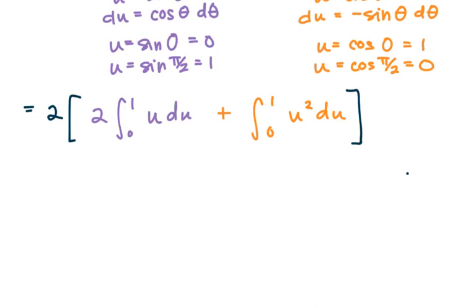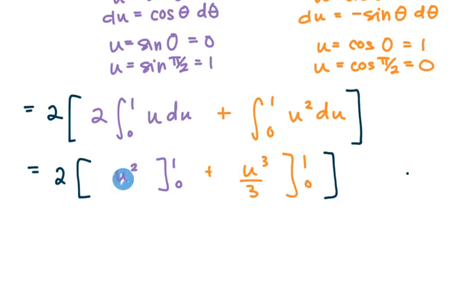And now we just need to integrate each of these. So I've got the 2. I'm going to integrate u, that is u squared. Because it's the 2 in front, we'd have 1/2 u squared. So we just have u squared from 1 to 0 plus u cubed over 3, also from 1 to 0.